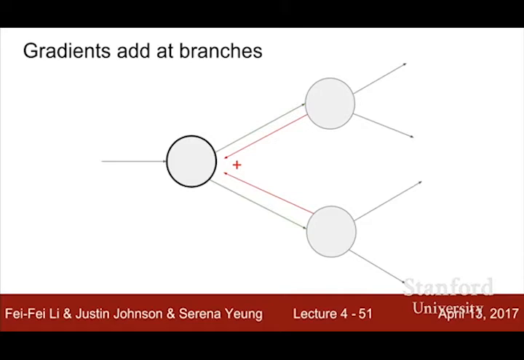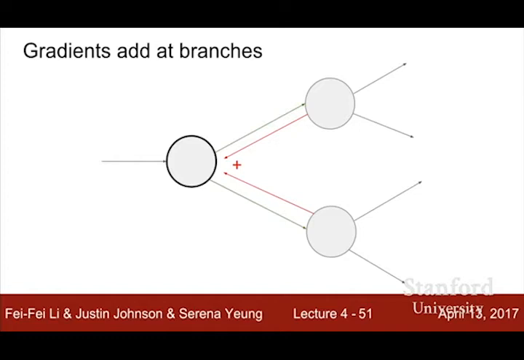Okay, and so one other thing to note is that when we have a place where one node is connected to multiple nodes, the gradients add up at this node. So at these branches, using the multivariate chain rule, we're just going to take the value of the upstream gradient coming back from each of these nodes, and we'll add these together to get the total upstream gradient that's flowing back into this node.